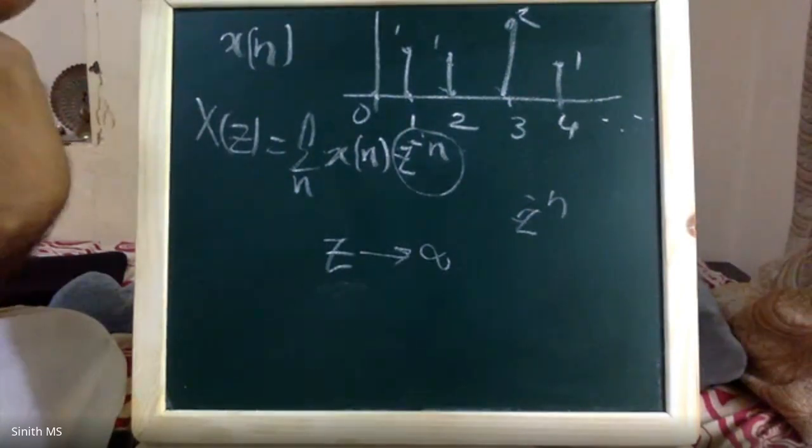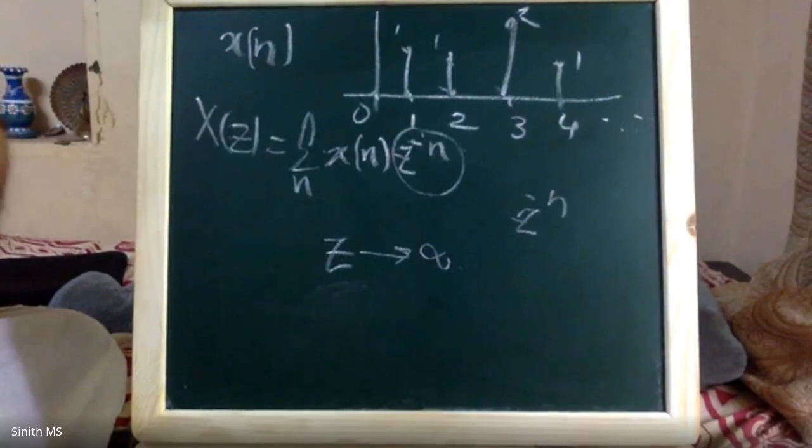The Z transform tends to 0. I think Ashwin is telling this.